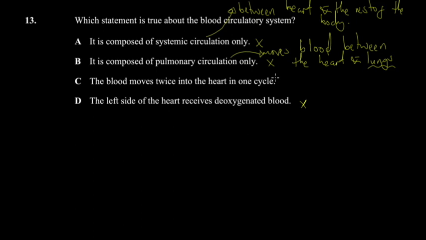So it moves twice in that cycle, and then when blood is going towards the body, it moves to the left atrium, and then it moves to the left ventricle. So this one would be the correct answer here. It's true about the blood circulatory system. Let's quickly move to question 14.